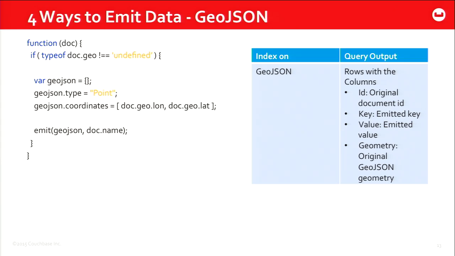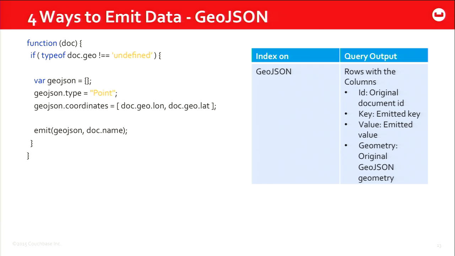You define a GeoJSON object based on some document attributes. In this case, it's a point. The point has a longitude and a latitude, and finally, you emit this GeoJSON object, and optionally a value.